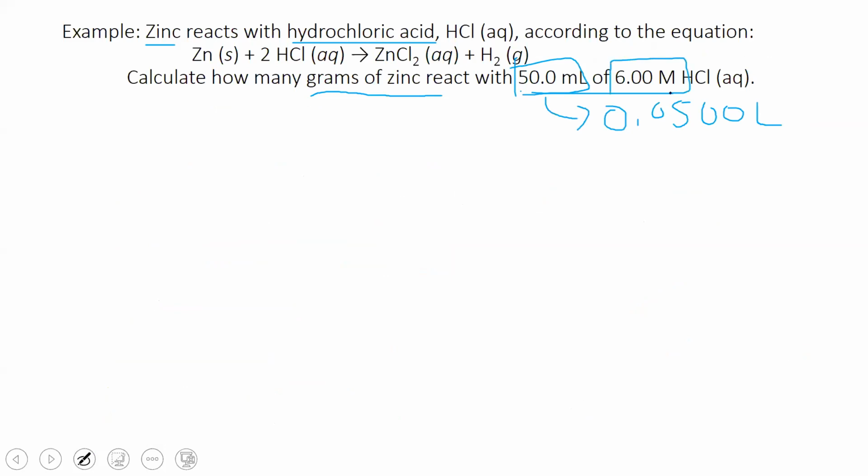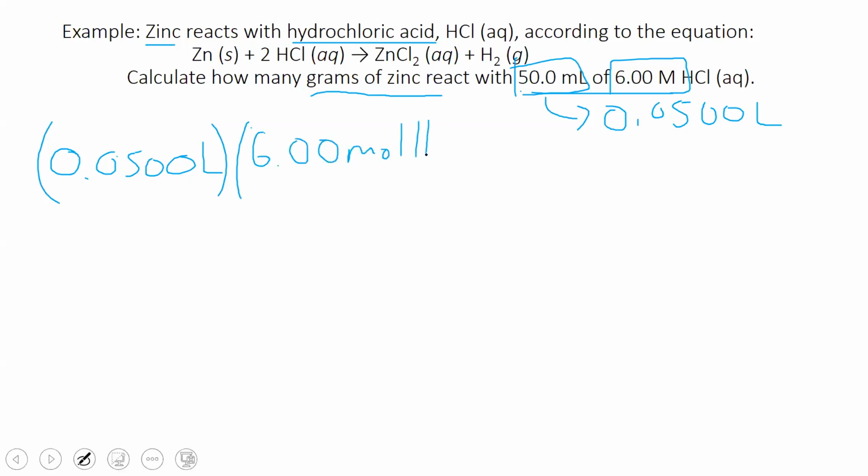On the left-hand side, we start with 0.050 liters times 6.00 moles of HCl per liter.